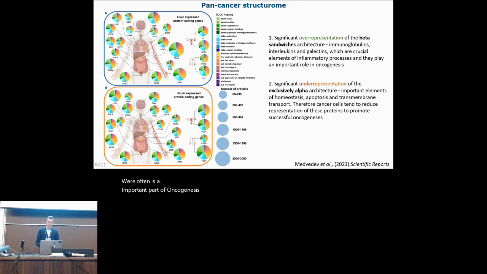And on the other hand, we showed significant underrepresentation of exclusively alpha architecture. Proteins of this architecture are important elements of such processes as homeostasis, apoptosis, and transmembrane transport. So we believe that the cancer cell tries to reduce representation of these proteins for successful oncogenesis.